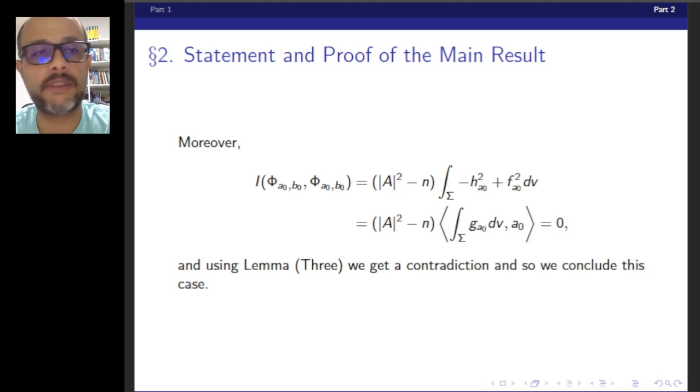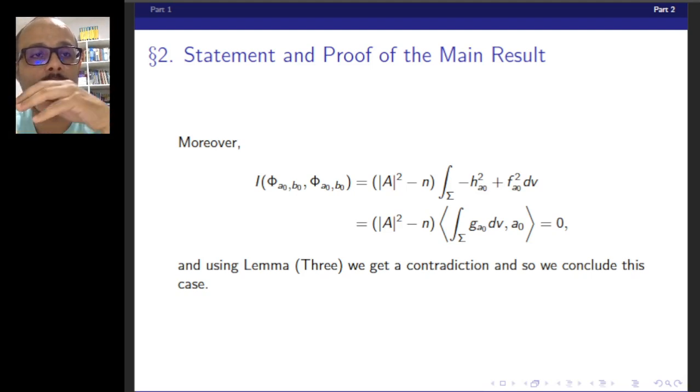So this inner product is 0 too. So in this situation, we are able to apply lemma 3 and conclude that the hypersurface sigma hat is locally congruent to the Clifford torus.